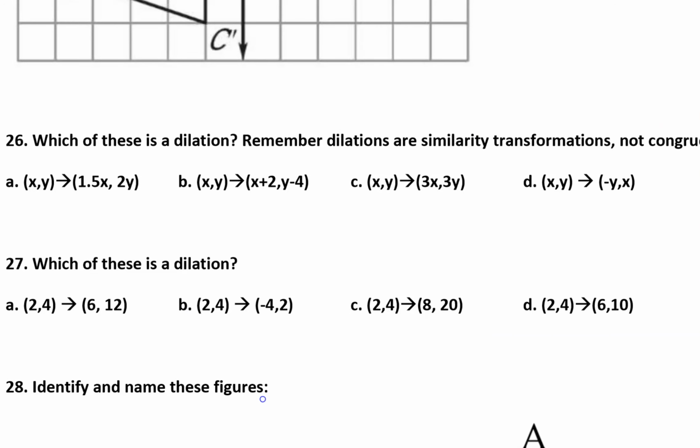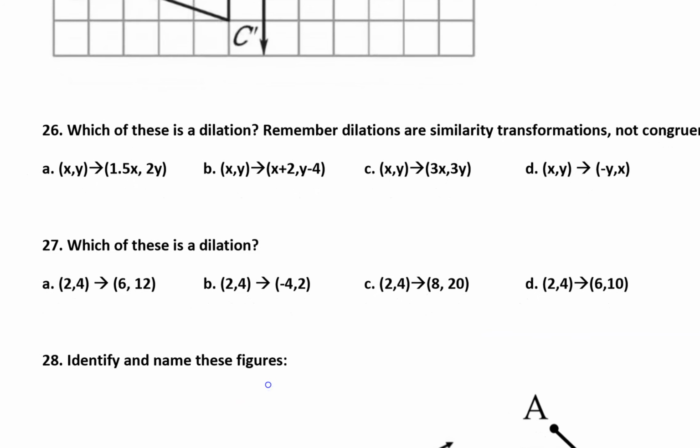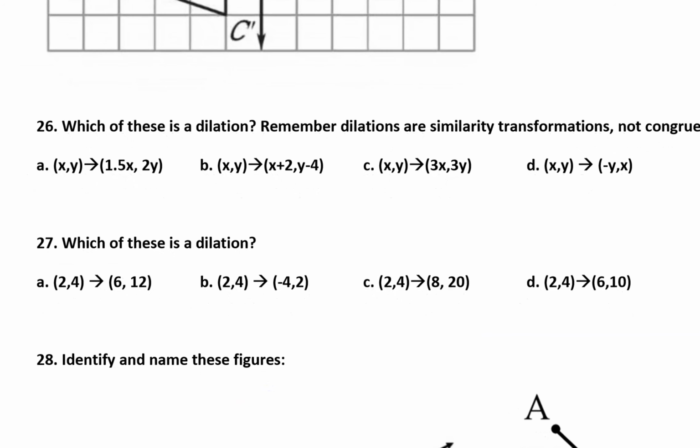Alrighty, which of these is a dilation? Okay, so if you dilate something, it's going to be proportionally larger. So if x is 1.5 times bigger and y is 2 times bigger, that would not be consistent. If I just add 2 and take away 4, that is not going to be a dilation.